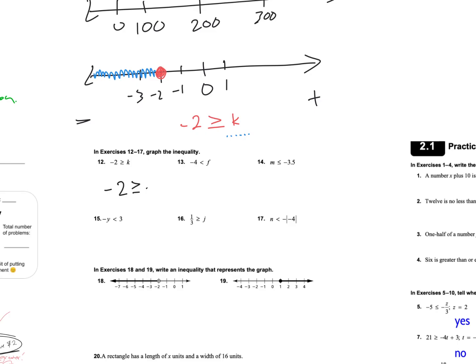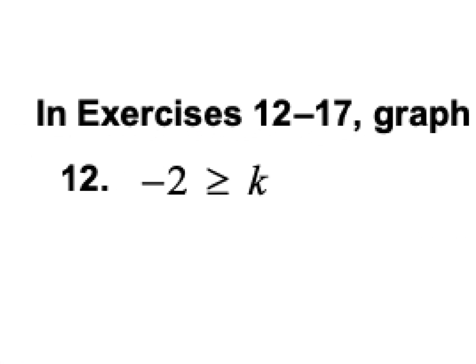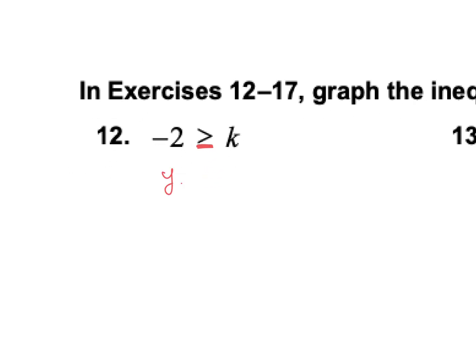So the other thing to point out is this right here, this equal to portion, says that, yes, we 100% can use -2. Like, we hit it. If we were playing Battleship, we hit -2 because of the equal to part.